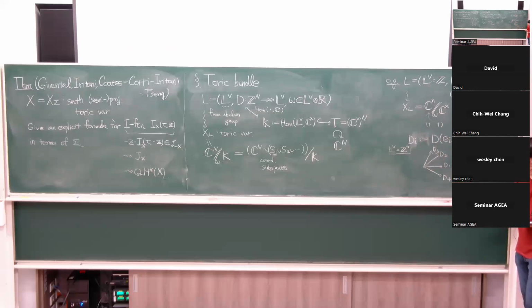Okay. If omega is located in here, then consider a subset of {1, 2, 3, 4}. For example, now we consider {1, 4} and {2, 3}.